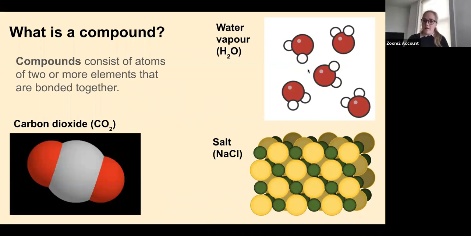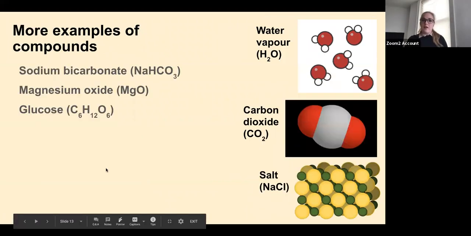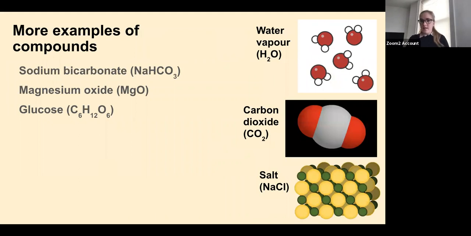You've also got water vapor here, H2O, so again 1 oxygen combined with 2 hydrogens. And salt is sodium chloride, a lattice structure, a 3-dimensional structure of sodium and chlorine bonded together. Some other examples of compounds are sodium bicarbonate, NaHCO3, which is baking soda, magnesium oxide, and glucose, C6H12O6, and then again, water vapor, carbon dioxide, and salt.